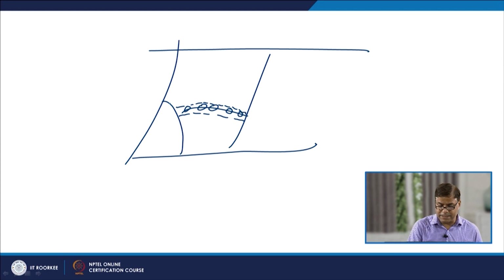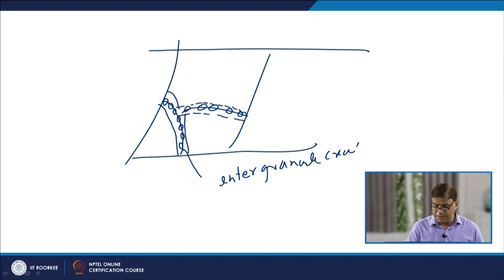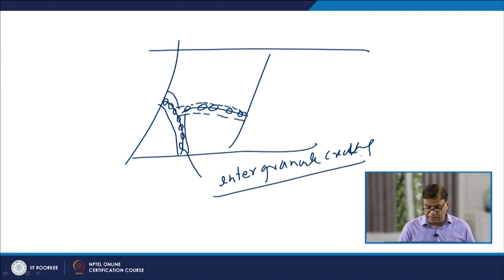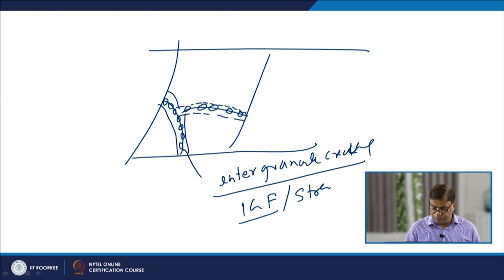So, the cracks start to propagate along the grain boundary because of precipitation of these unfavorable carbides, especially at the grain boundaries. Intergranular cracking means cracking preferentially follows the path of the grain boundary. So, intergranular cracking takes place and it appears eventually in the form of intergranular fracture or stress rupture.